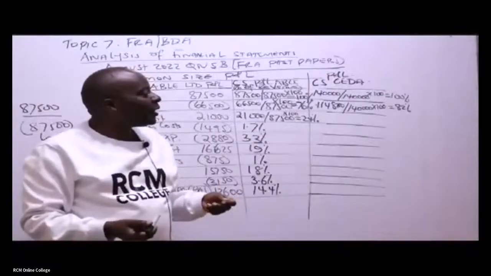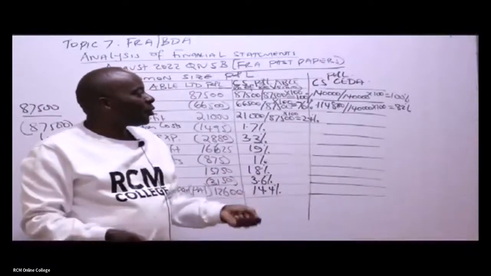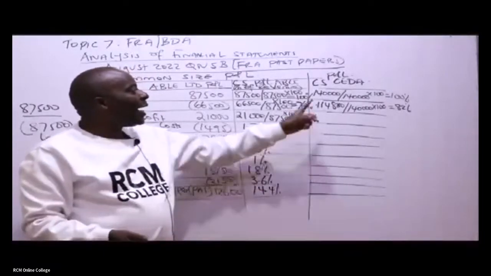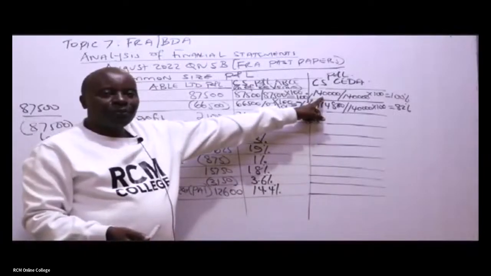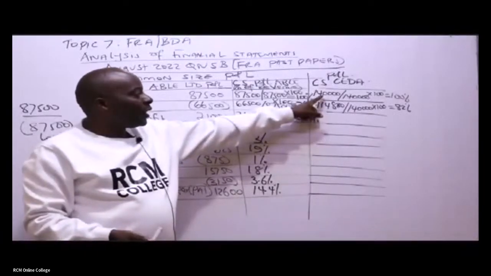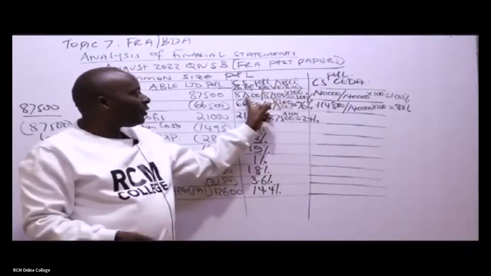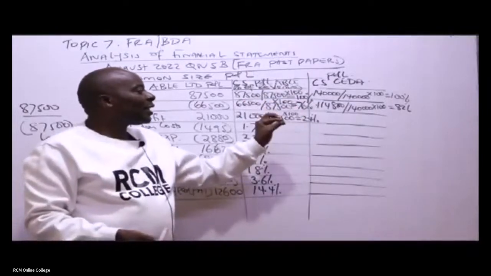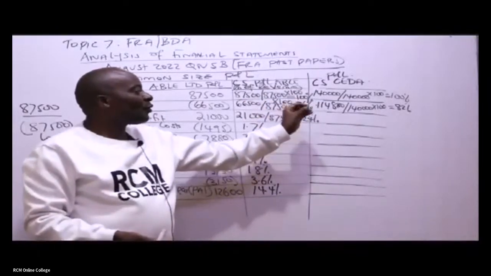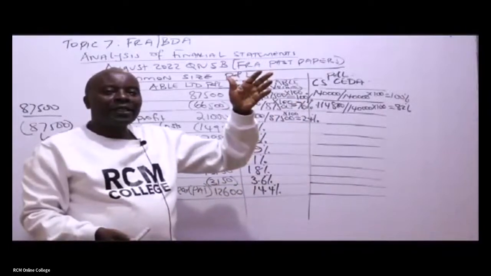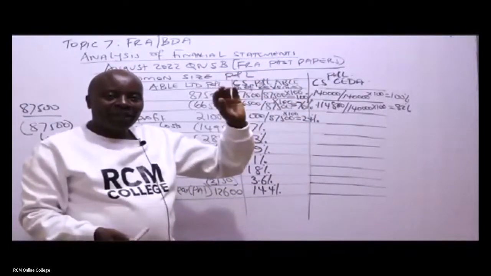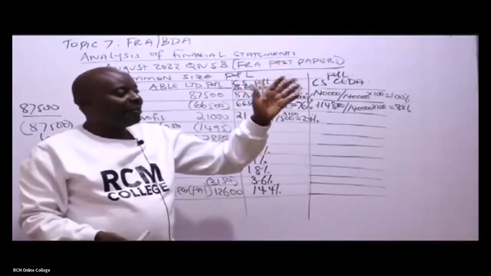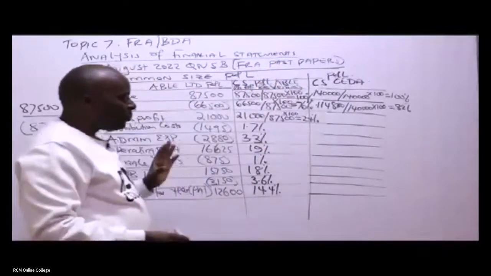I'm able to see that the increase in the cost of sales for CIDA is attributable to a higher revenue. Because you can see revenue here for CIDA is 140,000. This one is 87,500. So you can't say that simply because cost of sales of CIDA is higher, that we are doing badly. No. Also, the revenue is quite high, but we should be able to look at that as we progress.